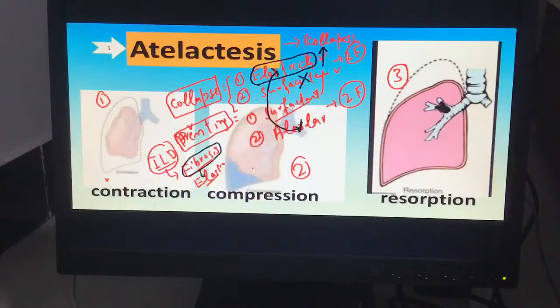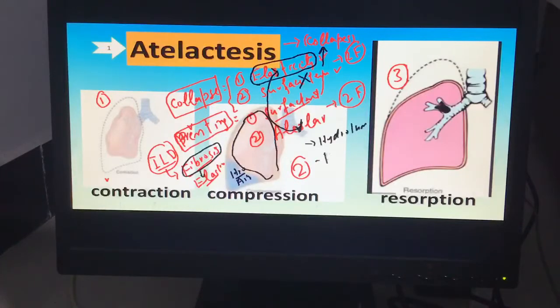The next thing, the second type of collapse, is compression collapse. What happens in compression collapse? It involves the pleural cavity. The pleural cavity may be filled with water, and this condition is known as hydrothorax.